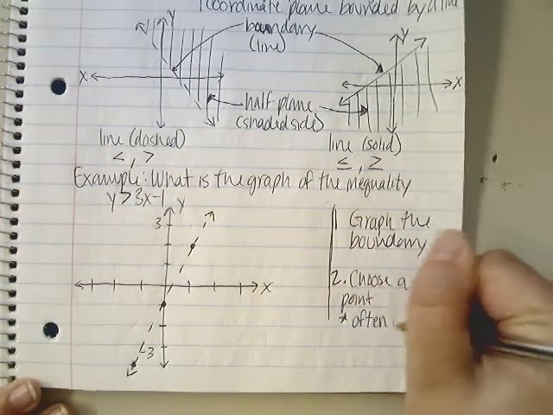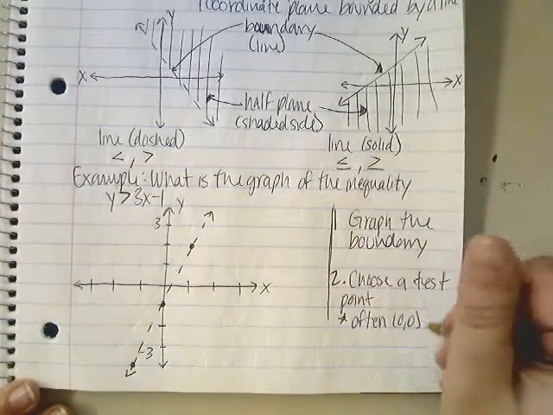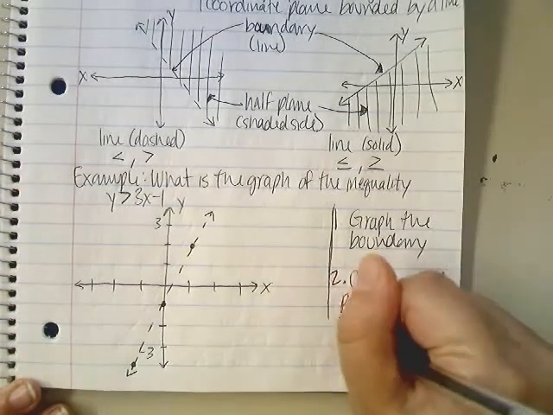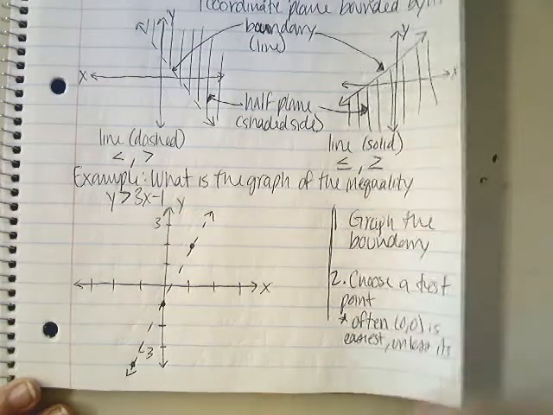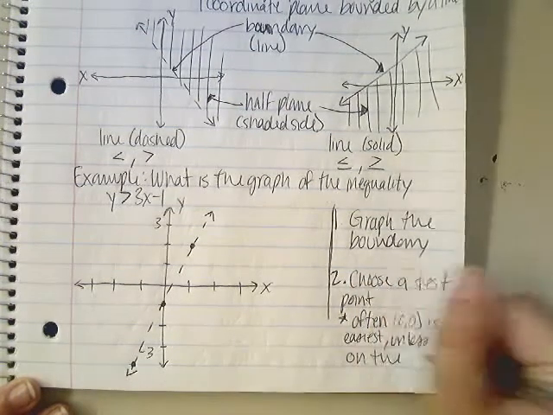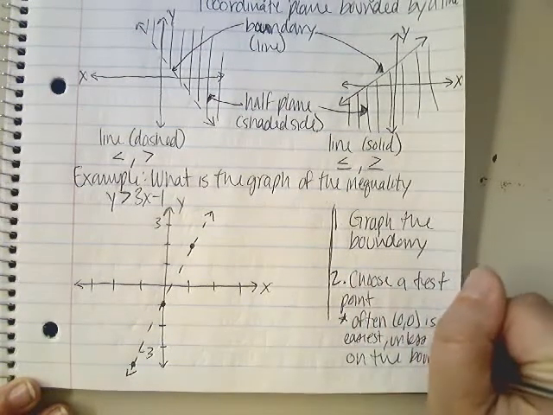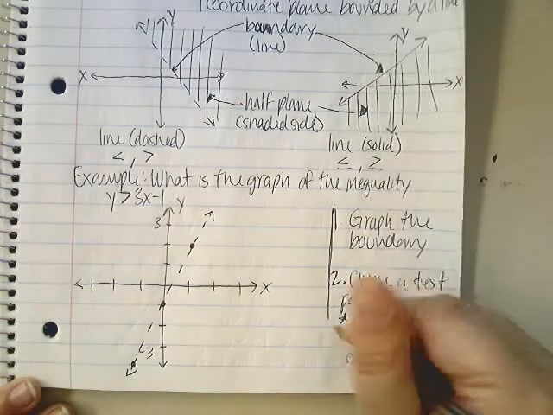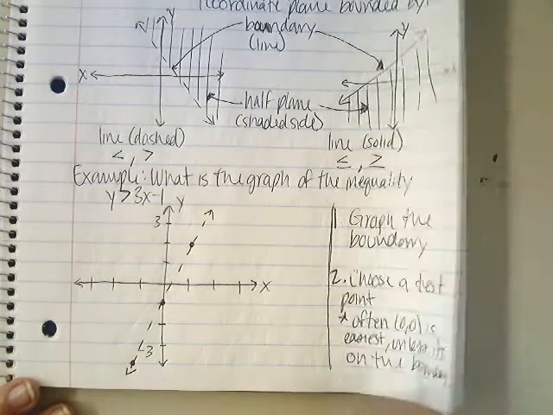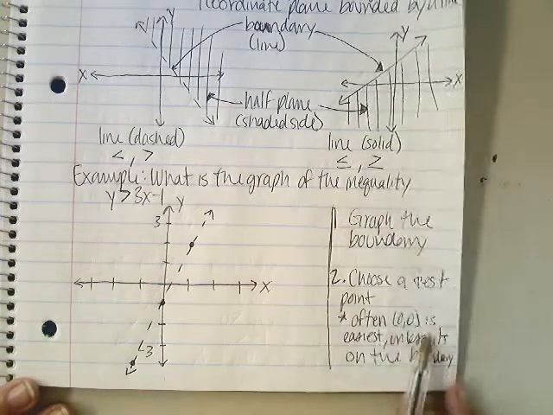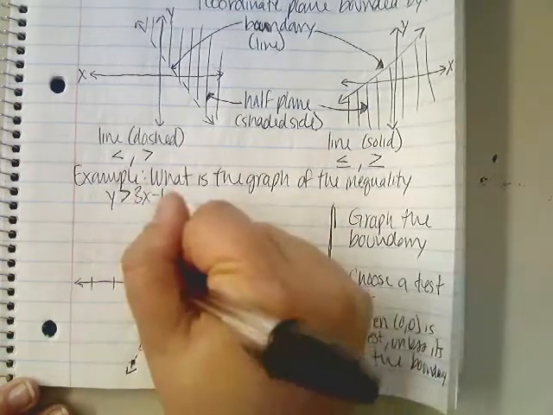Often 0, 0 is the easiest, unless it's on the boundary line or on the boundary. So I'm going to test this with the point 0, 0. So all I'm doing, this is a coordinate point, it's our origin right there.